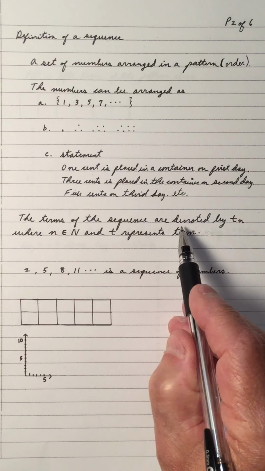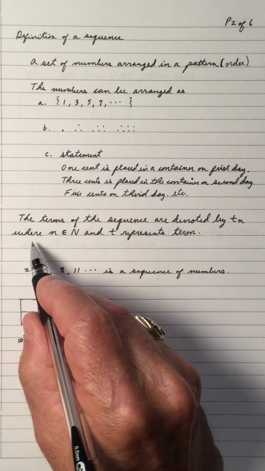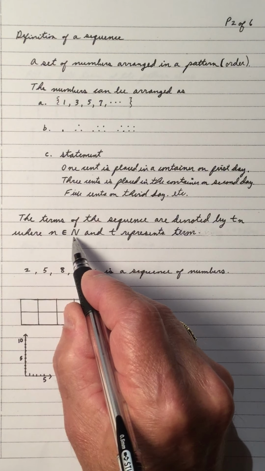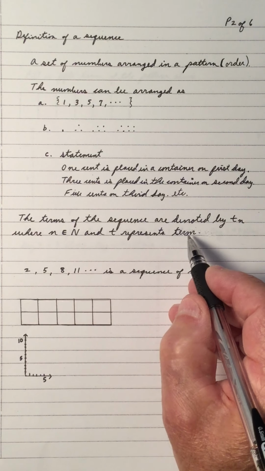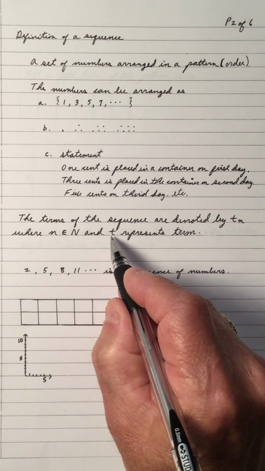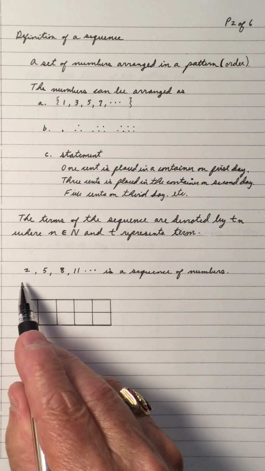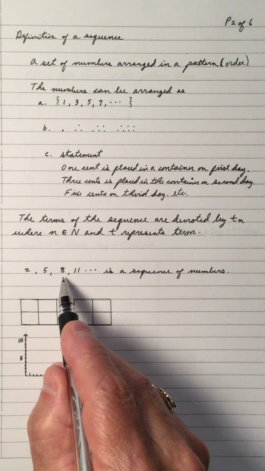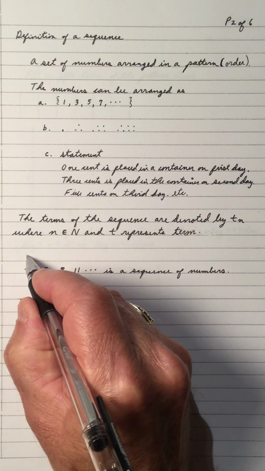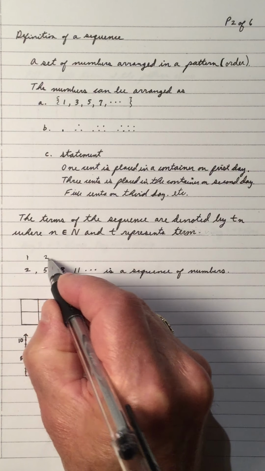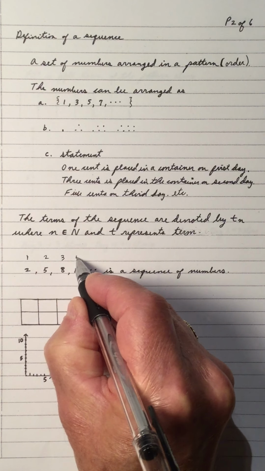The terms of a sequence are denoted by Tn, where n belongs to the natural numbers and n represents the term, T represents term. So what I have is a sequence here of 2, 5, 8, 11. So this is the 1, 2, 3, 4.